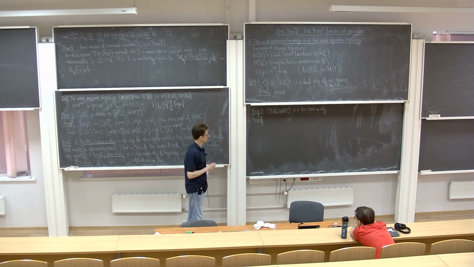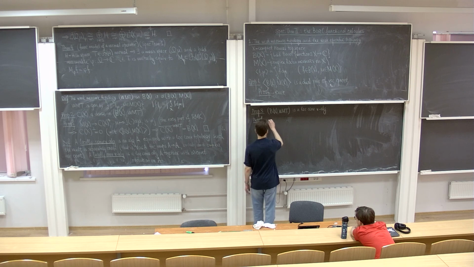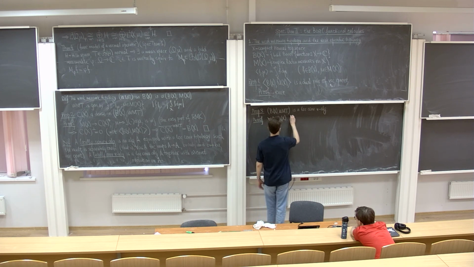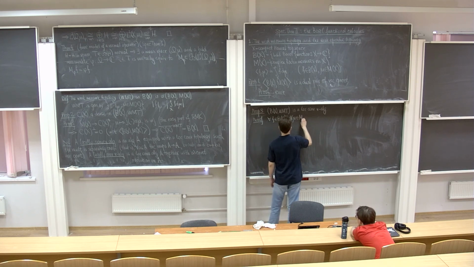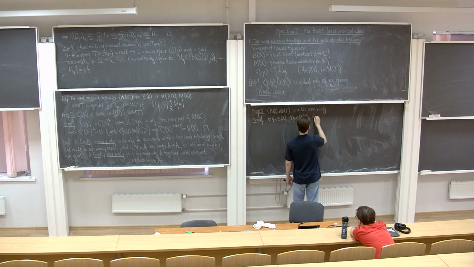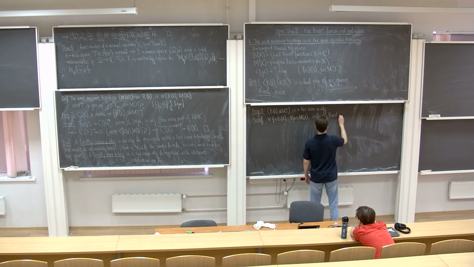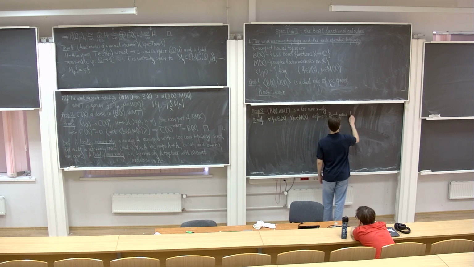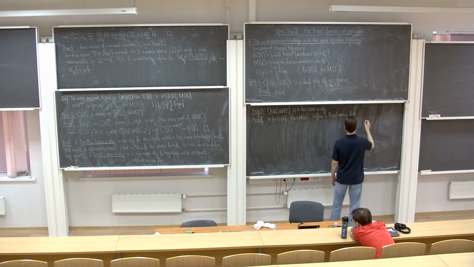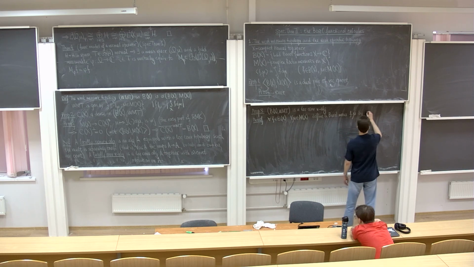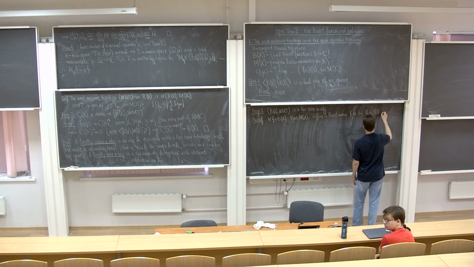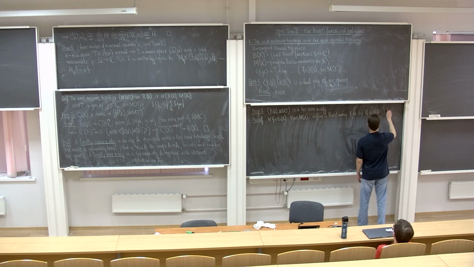To prove this result, let's introduce some notation. For each bounded Borel function f and for each complex Radon measure mu, we define a Borel measure f mu, f dot mu, by the following formula: f mu of B, where B is a Borel set, will be the integral of f over B with respect to mu.